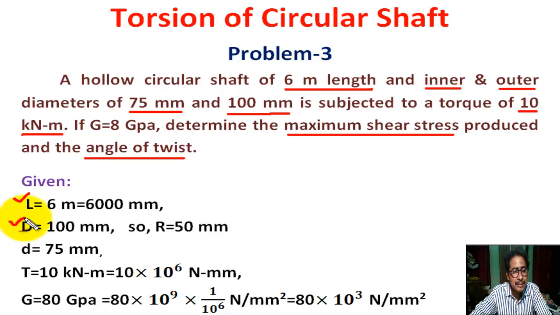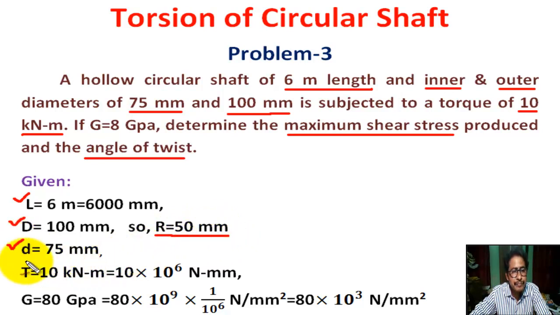Capital D, outer diameter of hollow shaft, D equal to 100 millimeter. So, capital R, outer radius of hollow shaft, this is 50 millimeter.